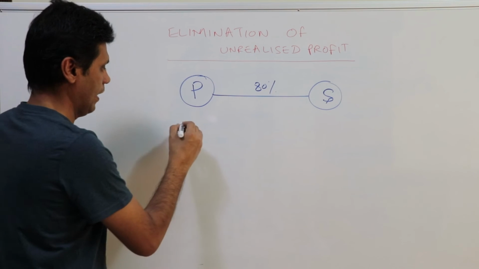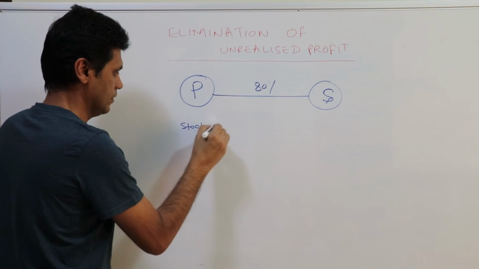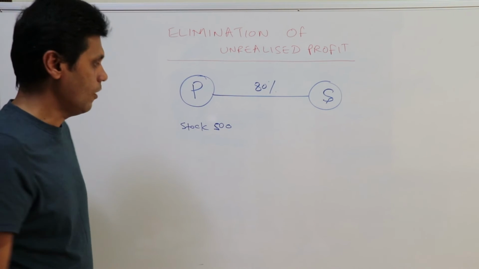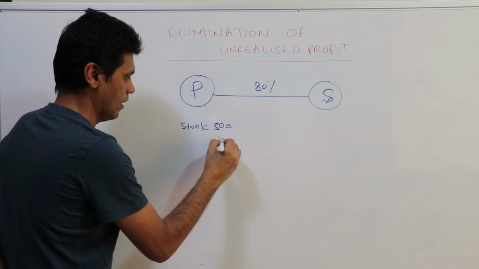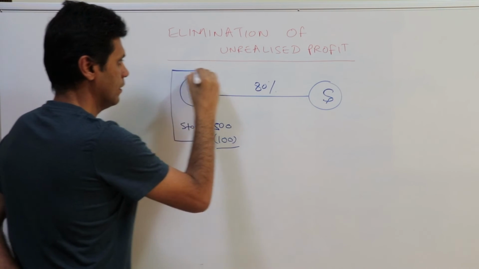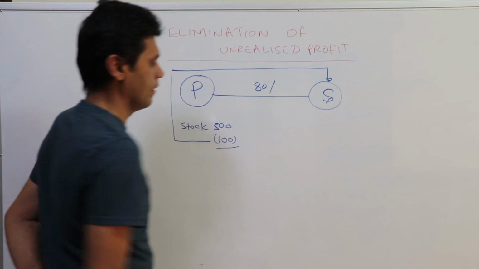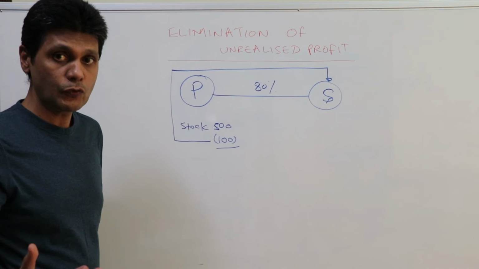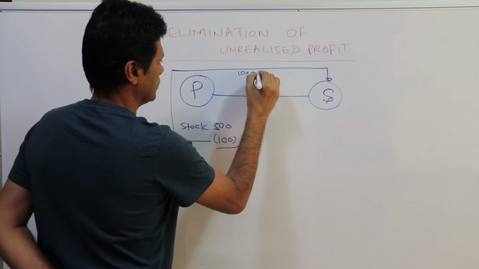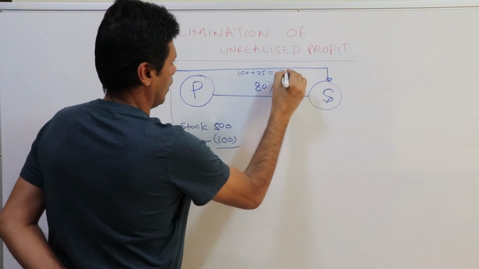P had stock worth $500. Out of the $500, $100 worth of goods were sold to S company with a profit margin of 25%. So this is 100 plus 25, 125.